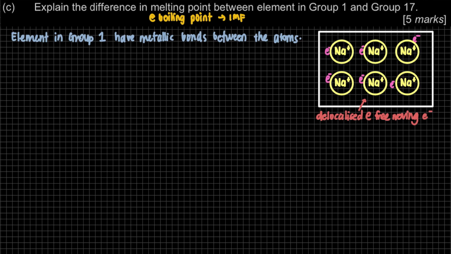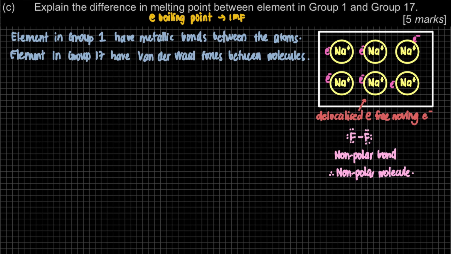Metallic bond is the electrostatic force of attraction between our positively charged cations as well as the sea of electrons. Since here we have negatively charged electrons present, there is a strong force of attraction between the cations and the negatively charged electrons. So consider that this metallic bond is a strong one.